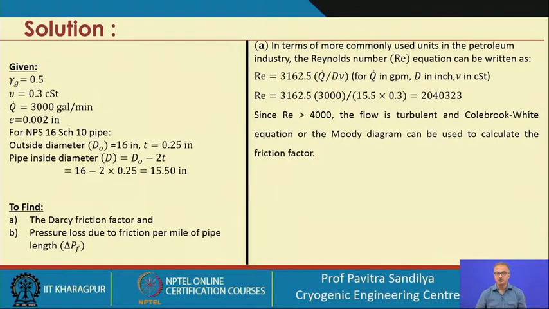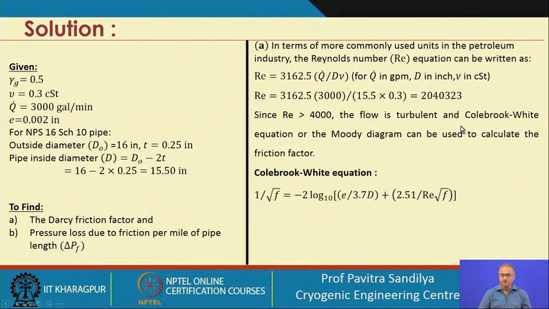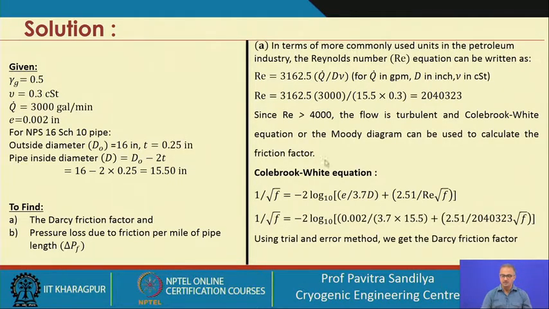And now since it is fully turbulent, we may either use a standard chart which I have shown you in the lecture, or we can use an expression like the Colebrook-White equation to find out the friction factor. Now, if we use the Colebrook-White equation, we find this has to be solved iteratively using some numerical method. So, we use some trial and error method.